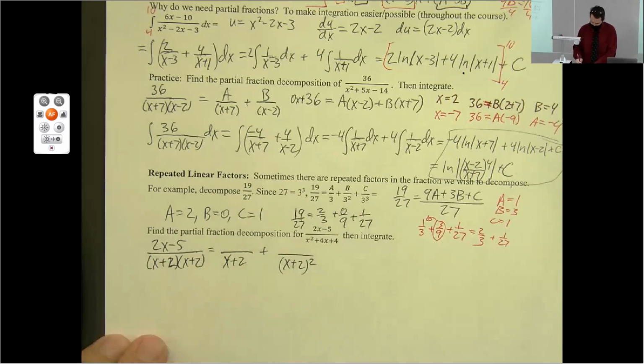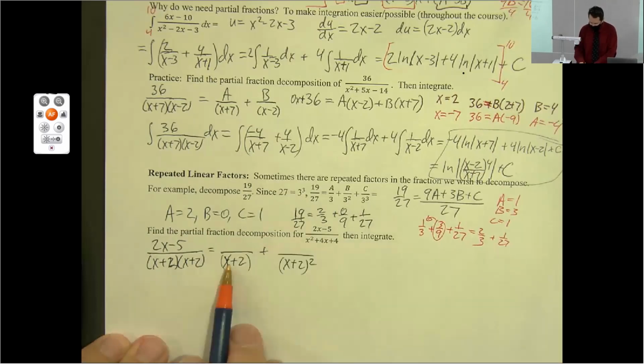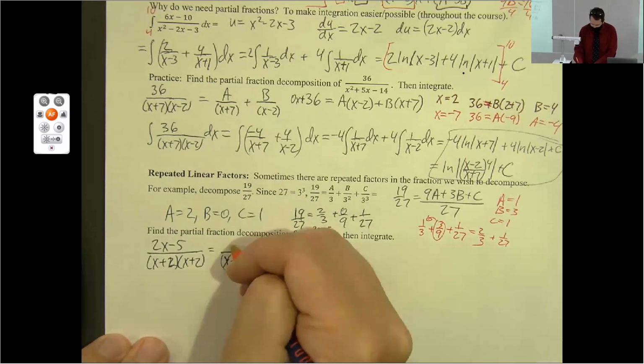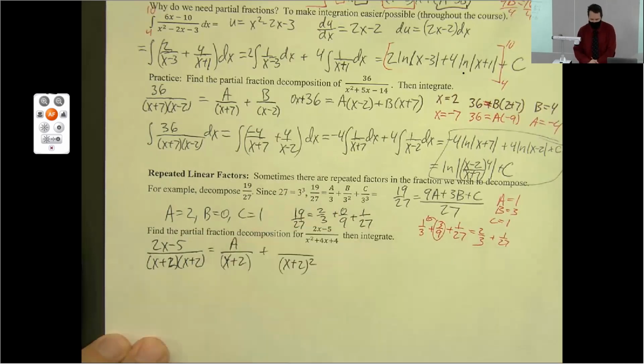Now, here's something we need to focus on. The factor itself is a linear factor here. So the top is going to be something smaller than that, which would be just a constant. When we take a look at this, x plus 2 quantity squared is a quadratic. Yes, it is.